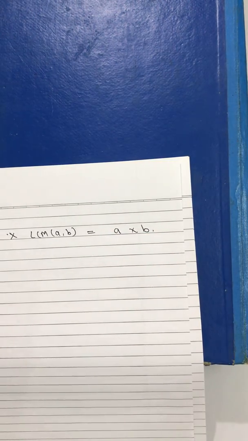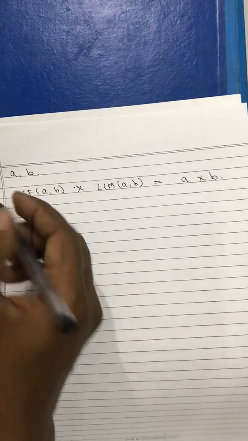If I multiply the HCF of two numbers with the LCM of two numbers, and multiply the numbers themselves, you will get the same values. This is one property that you have to remember.